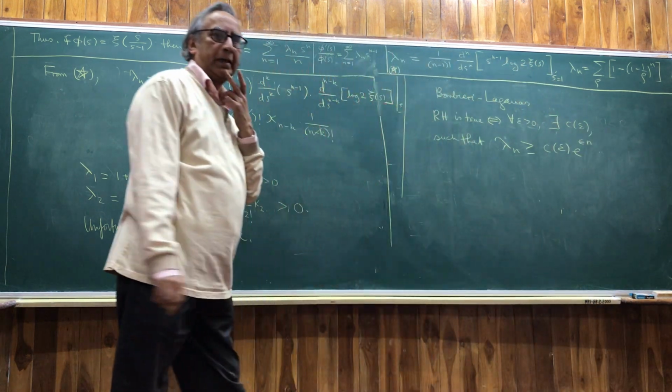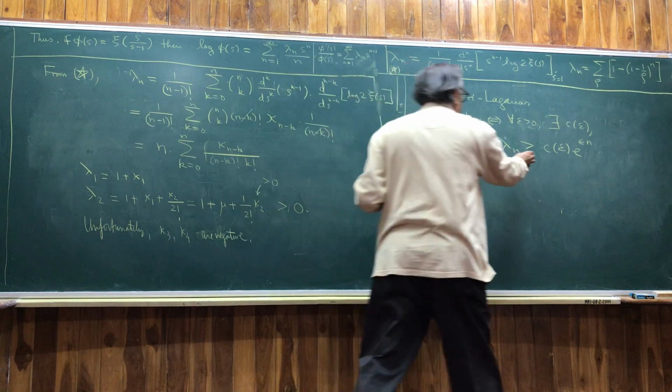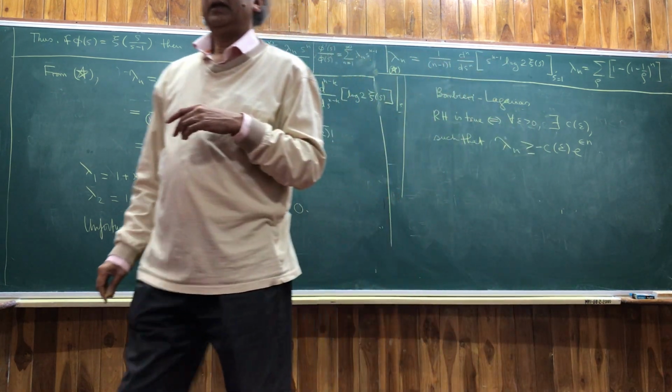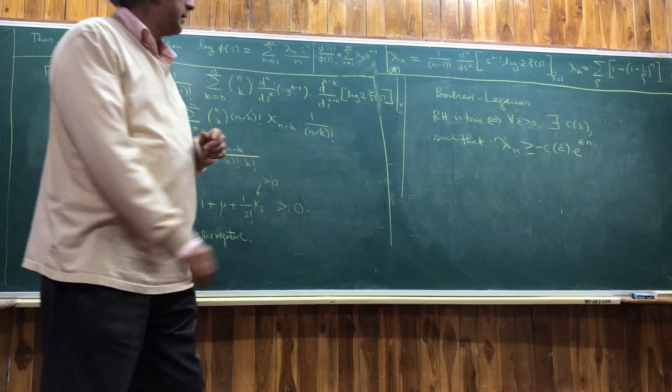Oh, with a minus sign, sorry, with a minus sign, that's the whole point. So you should put C of epsilon as positive. C of epsilon is positive, yes.